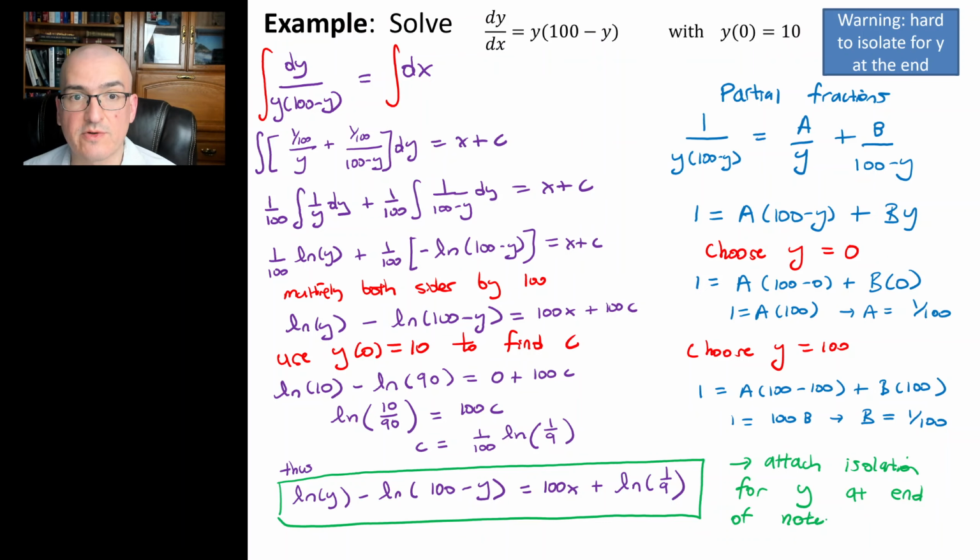But some of you are going to be curious about can you get y all by itself? And the way that you would do that, the hint for that is one of the things we had to do to get c into a nice form. You have to use a log property. Use a log property, rearrange, then cross multiply, expand, collect like terms, factor, and then divide. It's a long process, but it's a mechanical one. I'll show you how it works, but again, don't worry about doing it yourself.